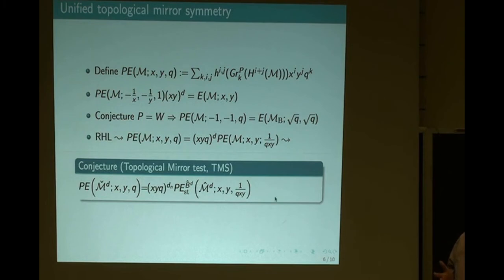This should make it agree with just the stringy perverse Serre polynomial of the orbifold. So that's really now the right definition for the topological mirror test.